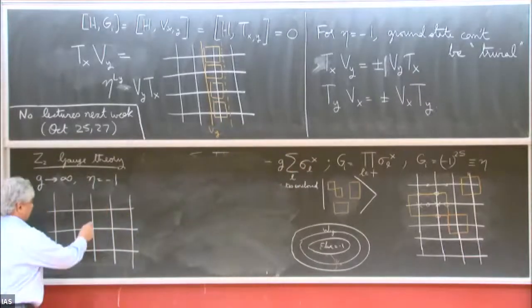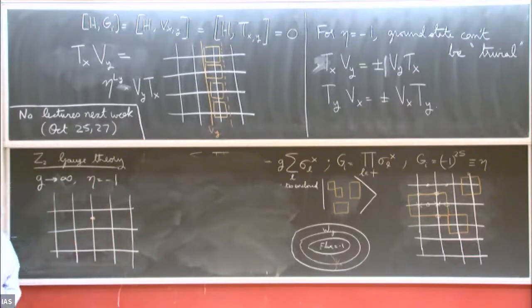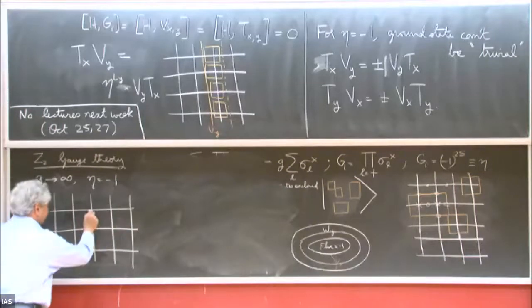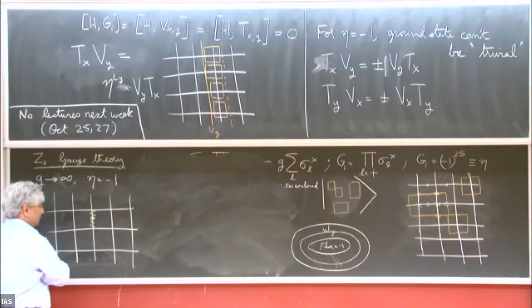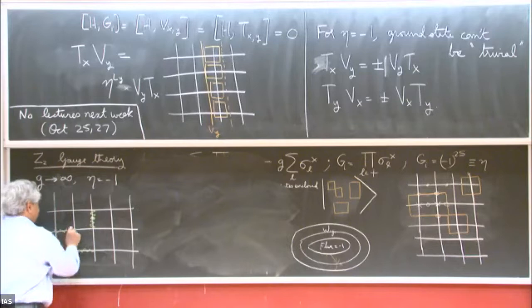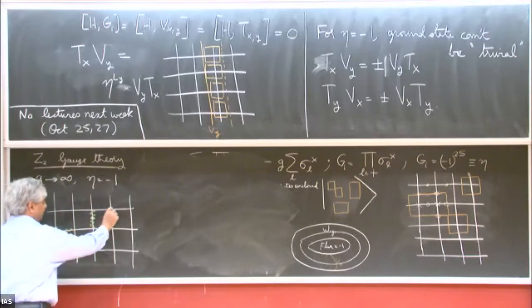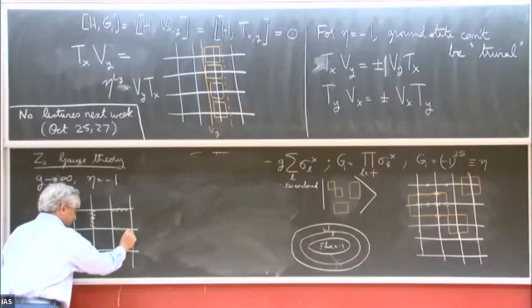So if you put sigma x equals -1 on this side, then I draw a dimer, and I'll make it green to distinguish it from the one sitting here. So there's sigma x equals -1 here, in a way that every site has an odd number of greens.